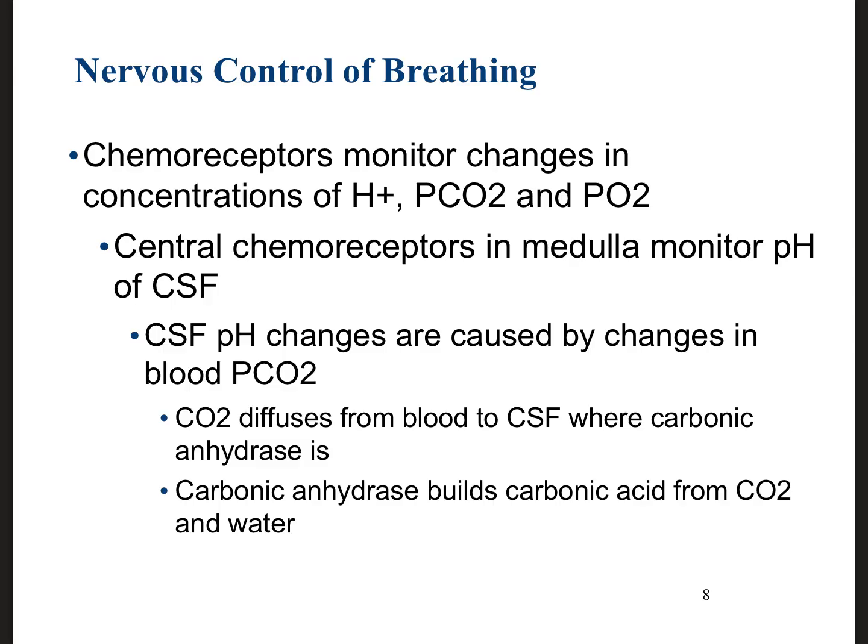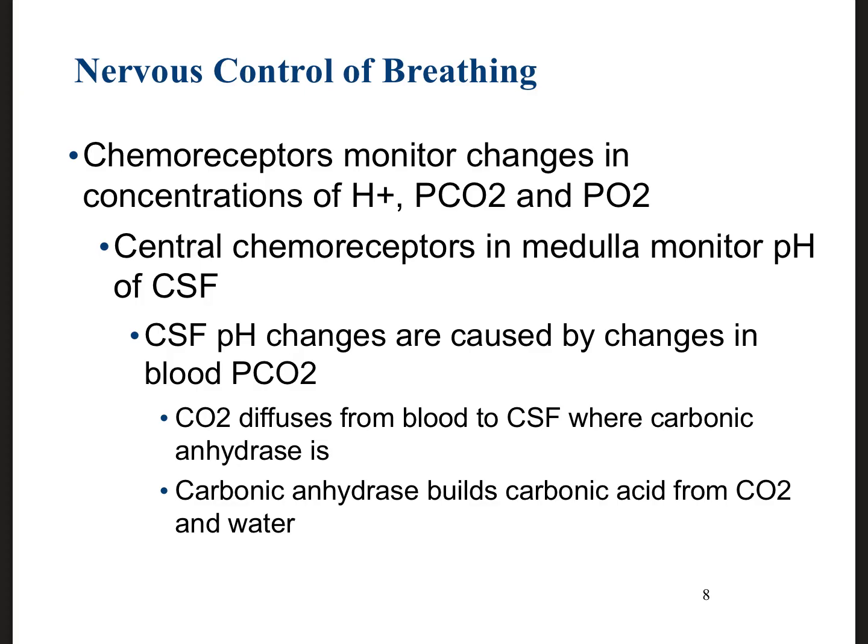So, we have chemical receptors for CO2 and oxygen, and likewise, as CO2 builds up, it alters the pH of blood, right? We just said that. So CO2 levels go up, pH goes down, becomes too acidic. And pH is a measurement of hydrogen ions in the blood. Okay? So the three molecules we're actually going to monitor are oxygen, carbon dioxide, and hydrogen ions.